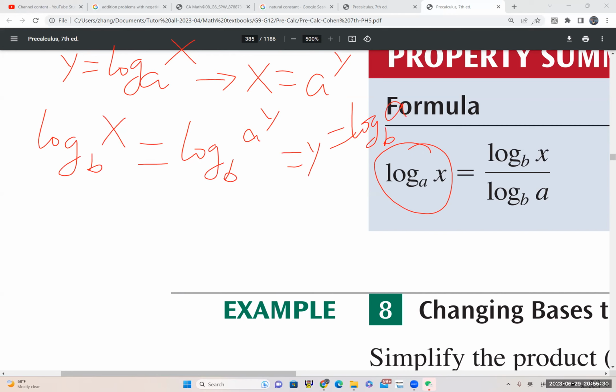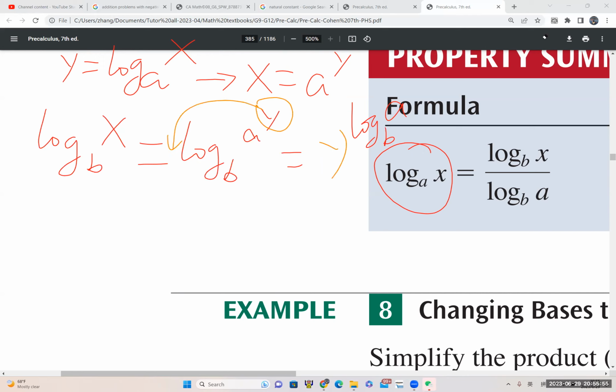Then let's see. Here, y multiplies this, because the y jumps to the front, right?